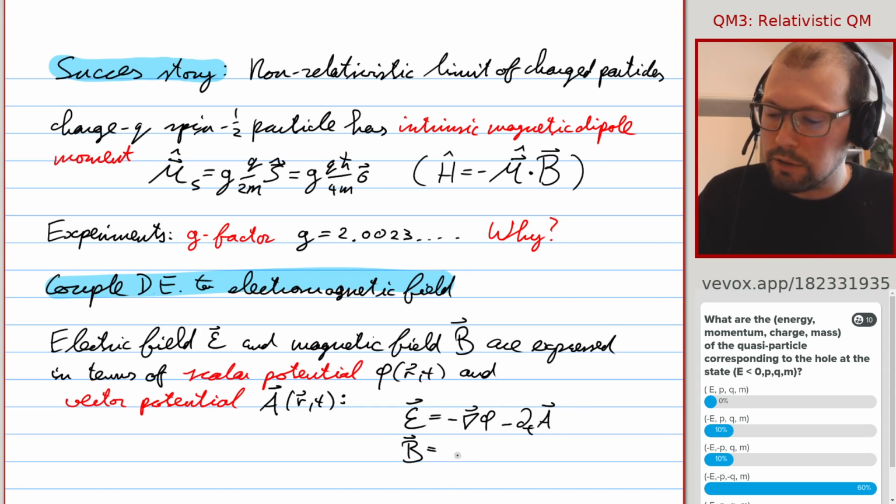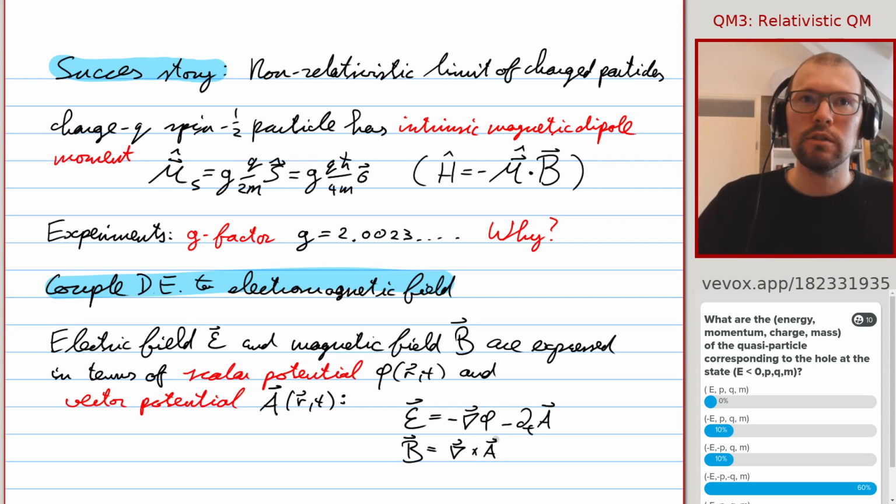And the magnetic field is the rotation, or the curl, of the vector potential.